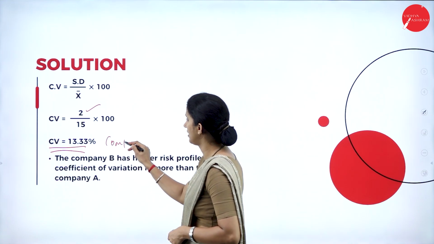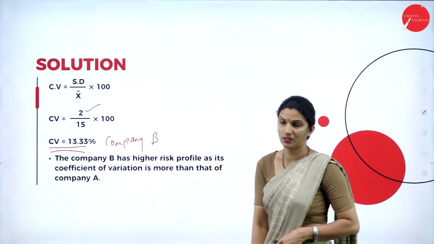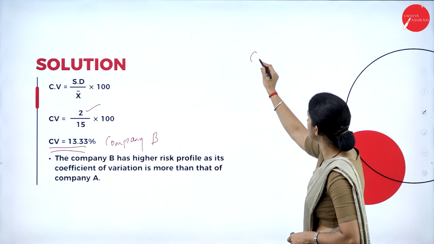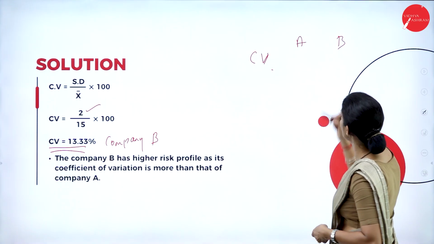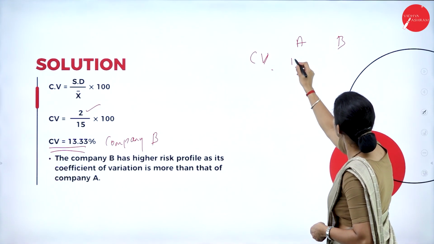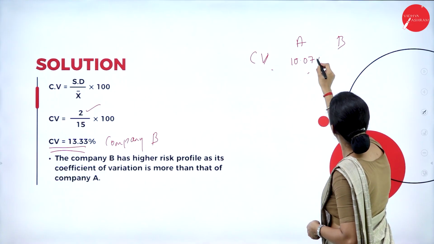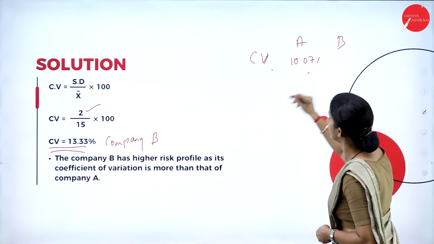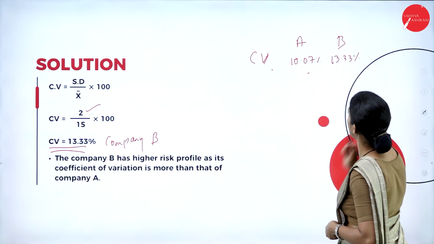So this is for company B. So we have the CV of company A and company B. The CV of A is 10.07%, and company B is 13.33%.